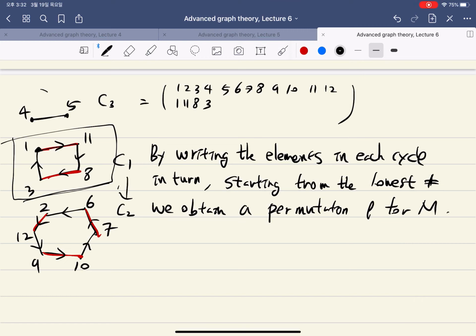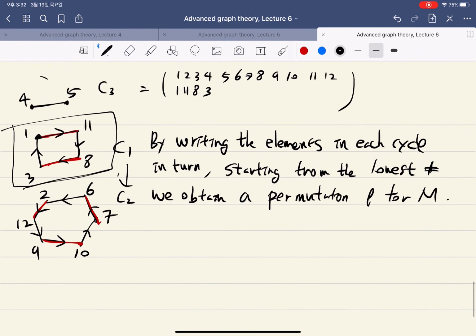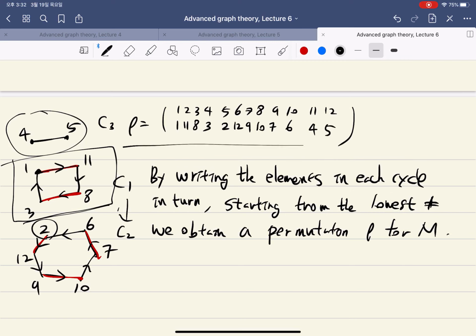C1, C2, C3, you can order in any way. It's not really important. Here, again, the lowest one is 2, so you write 2, 12, 9, 10, 7, 6. And then here, the last one is 4, 5. Then you get this row.